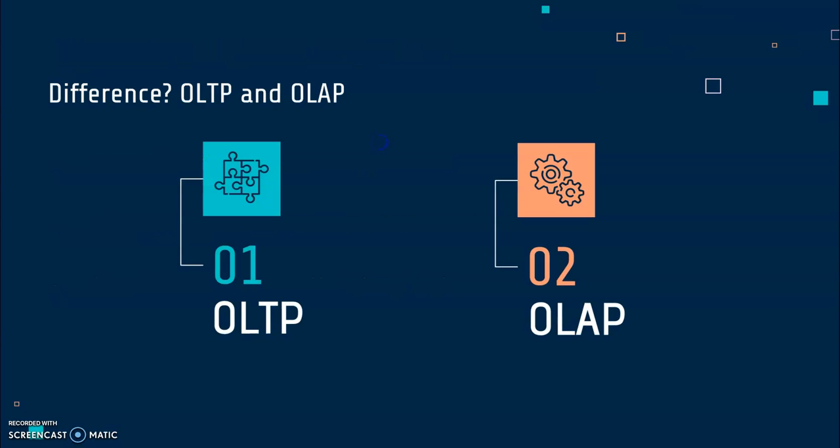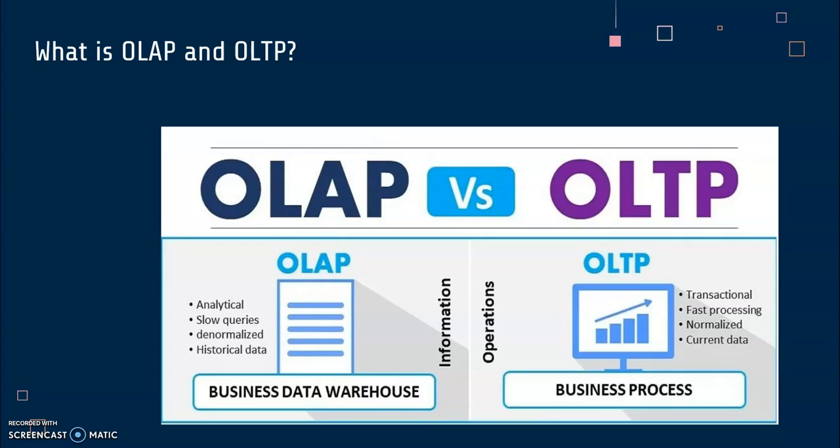Okay, then I want to ask you guys a question. What's the difference between OLTP and OLAP? Here is a chart to show the main difference. The full name of OLAP is Online Analytical Processing, and the full name of OLTP is Online Transaction Processing.